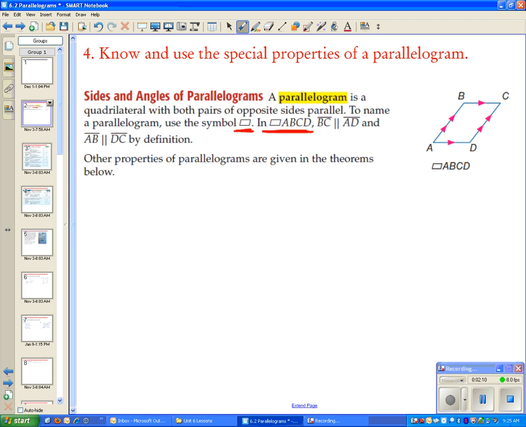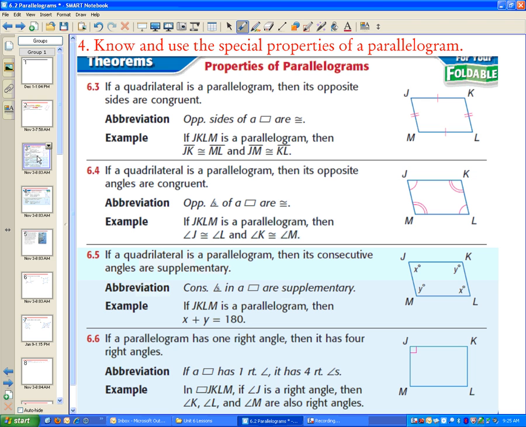All right, now to get to our other properties, we have to get to these theorems. So if we keep looking on 399, we have these four theorems all in one little box. All right, and they're the properties of parallelograms. So the first one says, if a quadrilateral is a parallelogram, then its opposite sides are congruent.